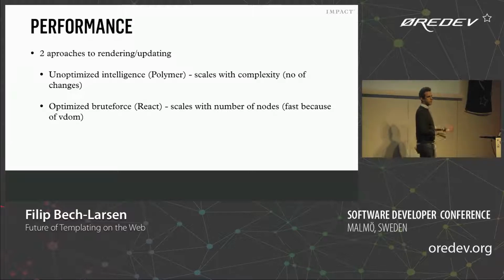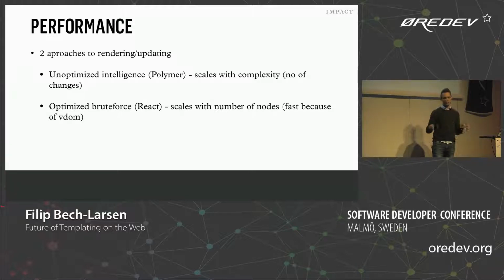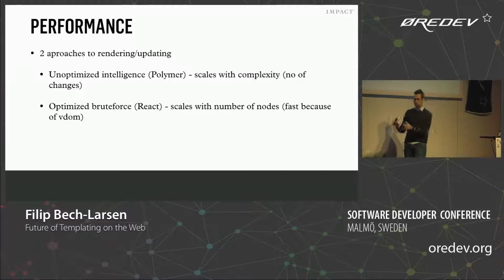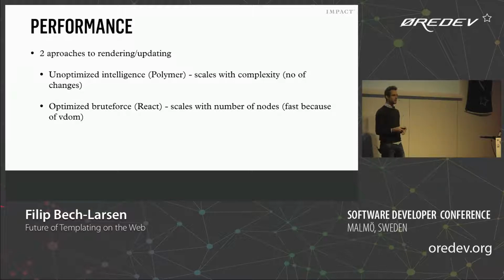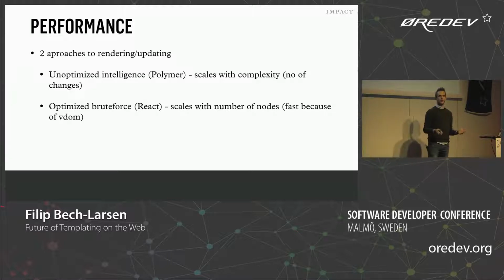Instead of doing it on the DOM, it does it on the virtual DOM, because the DOM is kind of slow to read and write from, but you can do that very efficiently in the virtual DOM, and then you can just update the DOM where the changes are. But it is still kind of brute force, and that means the virtual DOM scales with the number of DOM nodes. If you have a huge template, but only one dynamic part, it's going to recheck your 1 million divs every time, even though there's no way they could ever change, because that's just how the virtual DOM works.